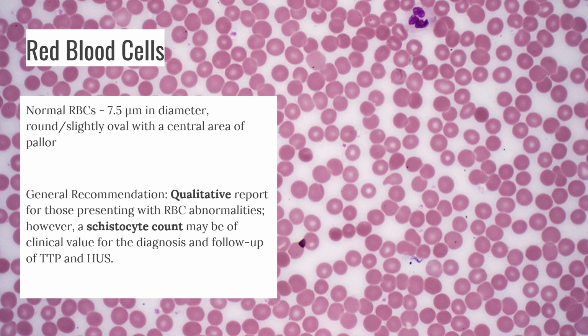Normal RBCs are 7.5 microns in diameter, are round, slightly oval, and biconcave with a central area of pallor, and this area of pallor occupies around a third of the RBC diameter. The general recommendation is to have a qualitative report for those presenting with RBC abnormalities. However, a schistocyte count may be of clinical value.